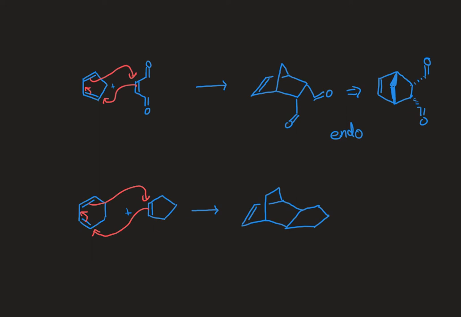This is a 6-membered cyclic diene, and so if we number these carbons, 5 and 6 form the bridge, and so we have carbon 1, 2, 3, 4, 5, and 6 up top here. If we draw it a little bit more like we're used to, it's going to look a little bit like this.